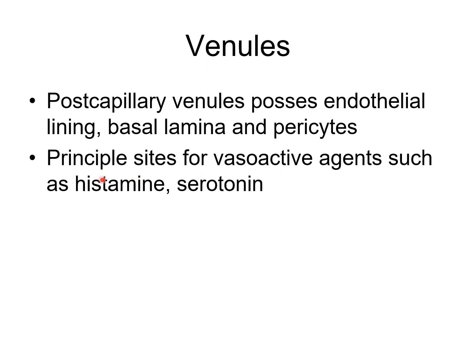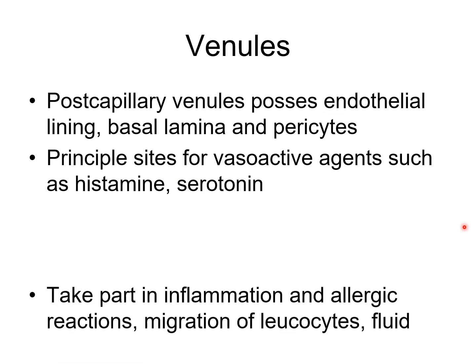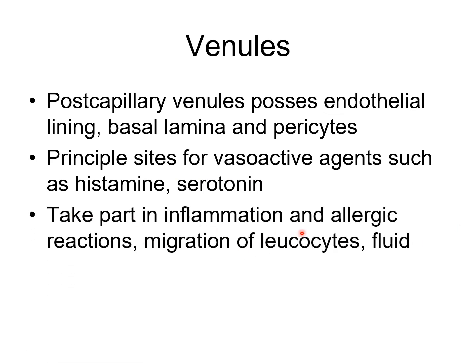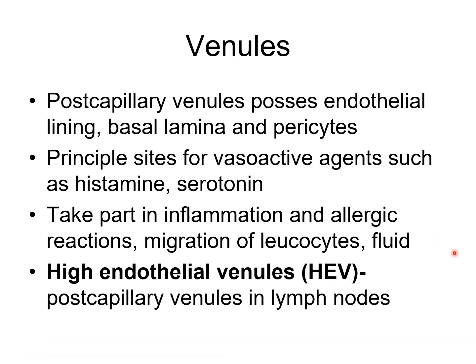These venules are the principal sites for vasoactive agents such as histamine and serotonin, and they allow inflammatory substances to come out from the vascular lumen, and inflammatory cells also can come out through these gaps in the venules. They take part in inflammation and allergic reactions, and migration of leukocytes and fluids.